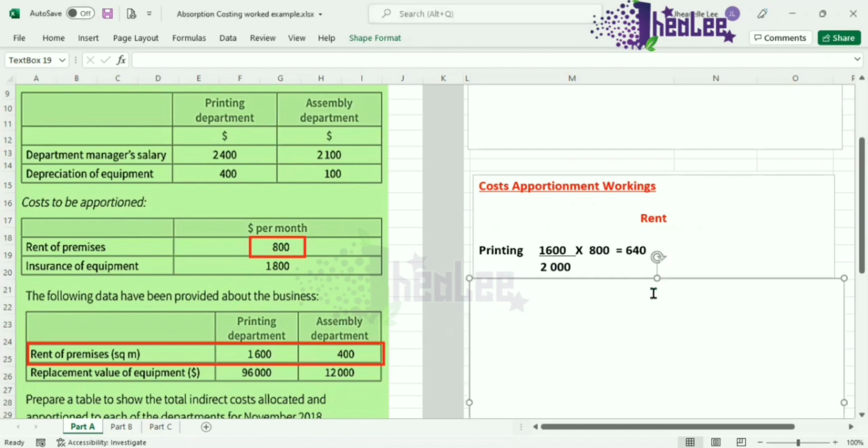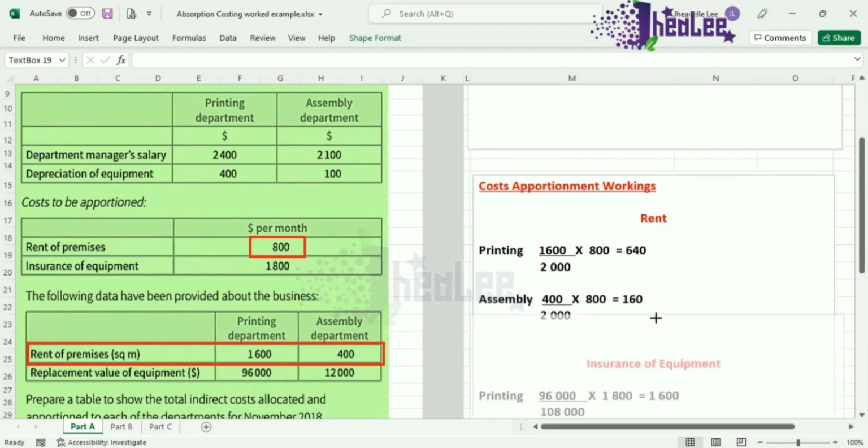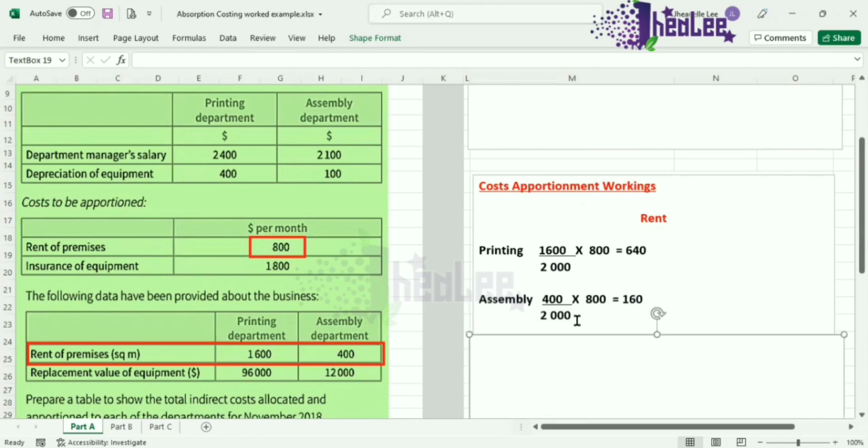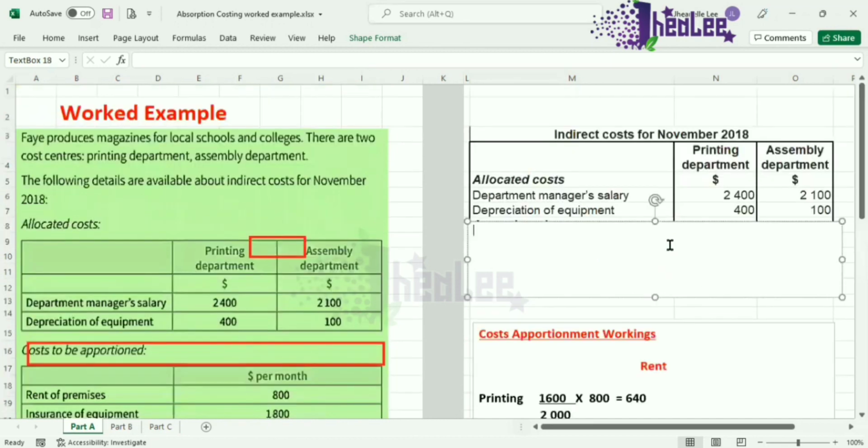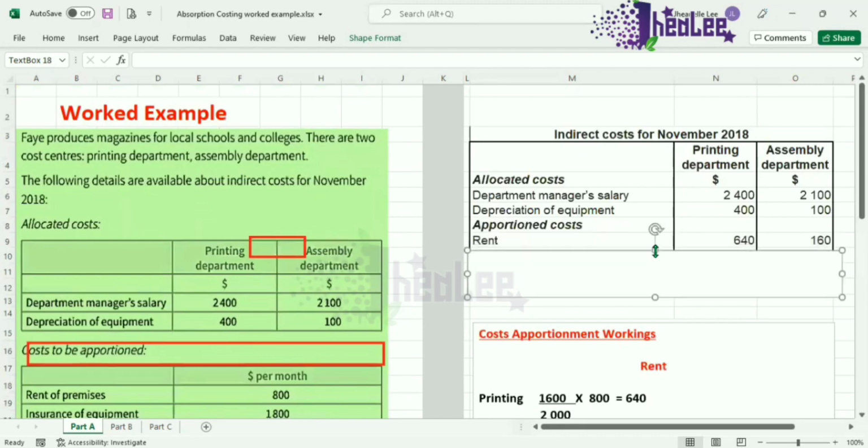For the assembly department, we are going to pick up the 400, and we're going to divide that by the total of 2,000 square meters. Then we multiply that by the rental cost for the month, which is 800, and that gives us $160. So in our table, guys, you'll see that rent is apportioned to the printing department at the value of $640, while the assembly is $160.